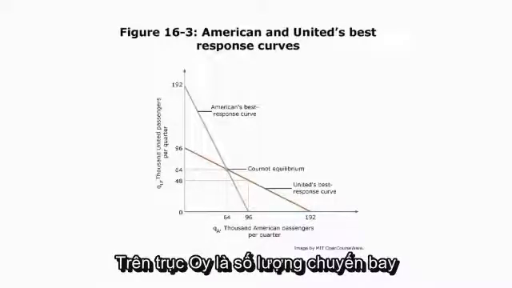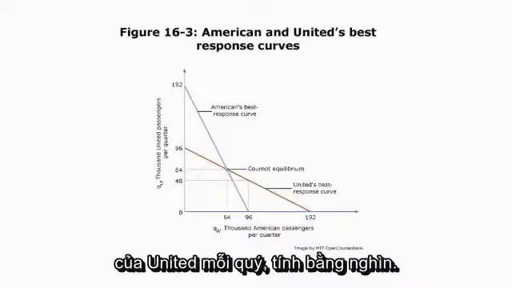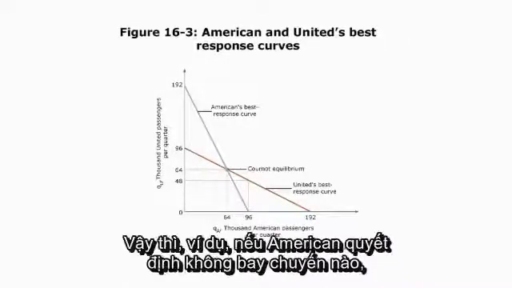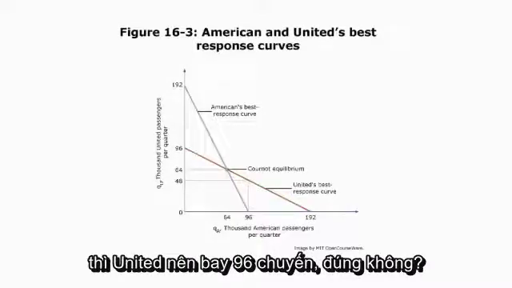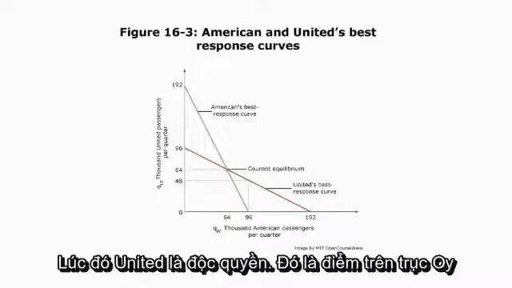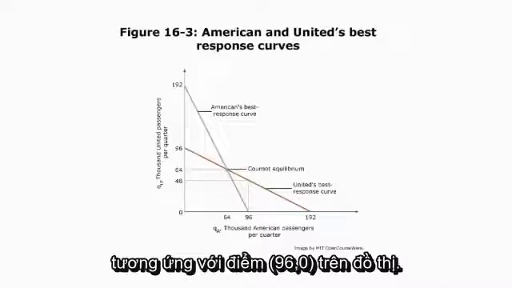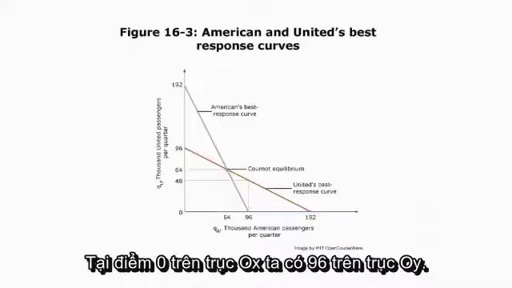On the y-axis, how many thousands of flights United passengers are flying per quarter. For example, if American decides to fly 0 flights, then United should fly 96, right? Then United's a monopolist. So that's the point with 0 on the x-axis, 96 on the y-axis.